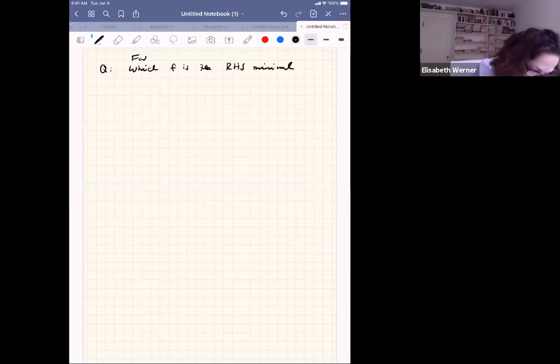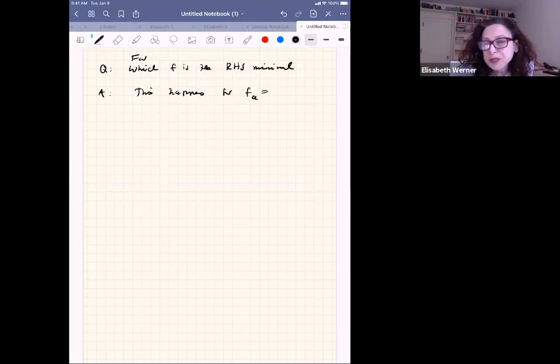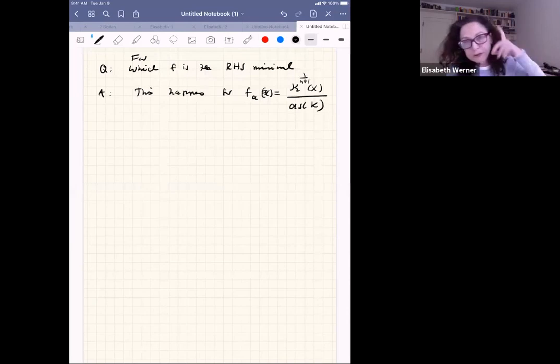And the answer is that this happens for f, let me write it f_a. That happens if we take the f where the points are chosen according to curvature. That is, if we pick f(x) to be Gauss curvature or generalized Gauss curvature raised to the power 1 over n plus 1 divided by the affine surface area of K. I have to divide by the affine surface area so that we get a probability measure.